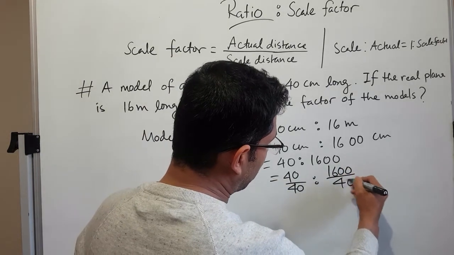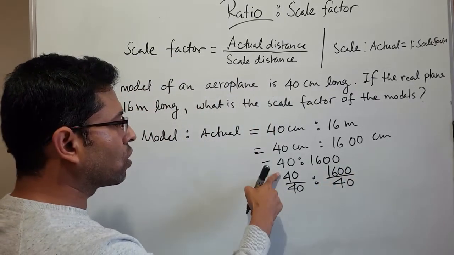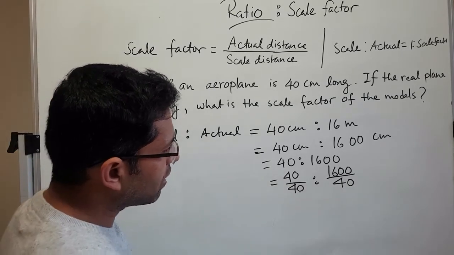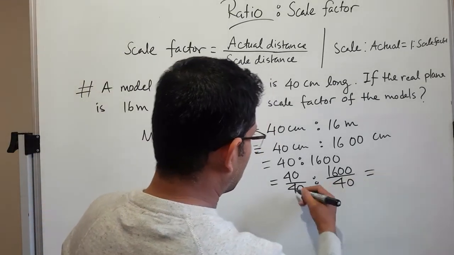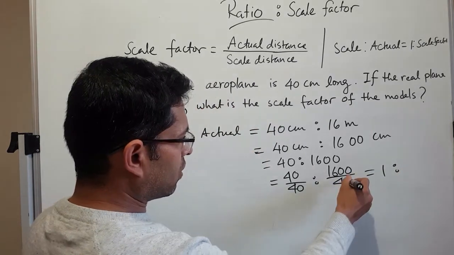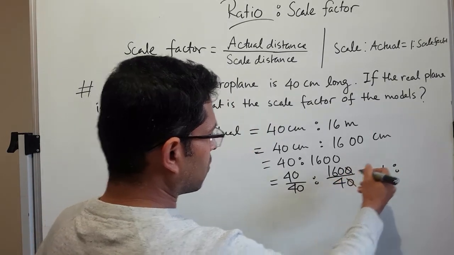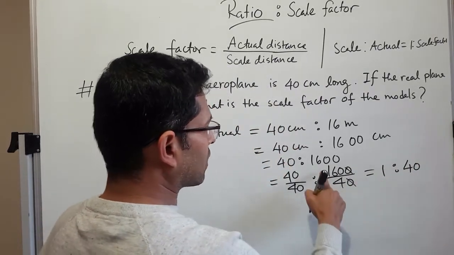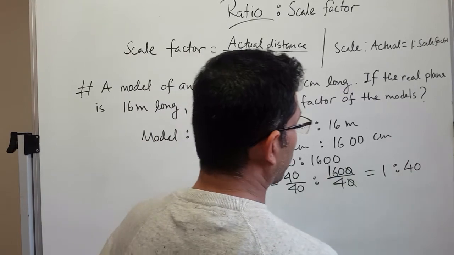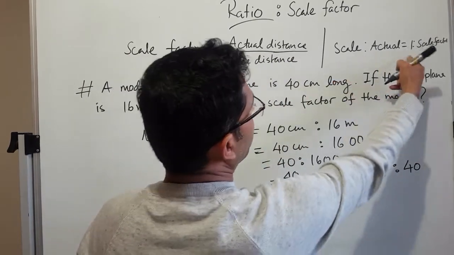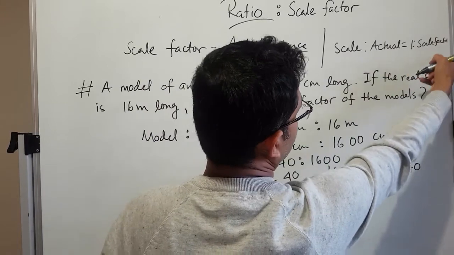As I said, you can divide by a similar number on both sides as we do with fractions. So I'm dividing both sides by 40, and then it gives us 1, and 4 times 4 is 16, then 1 0 left. So 1 to 40. It means our scale is 1 and the actual is whatever is the scale factor.